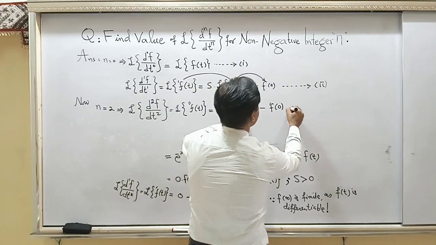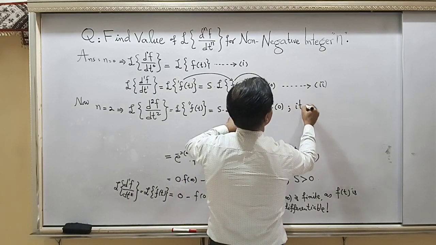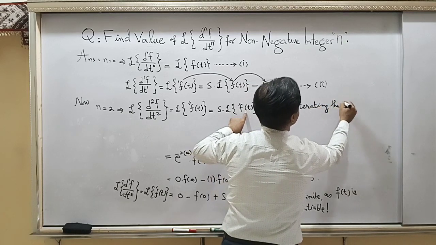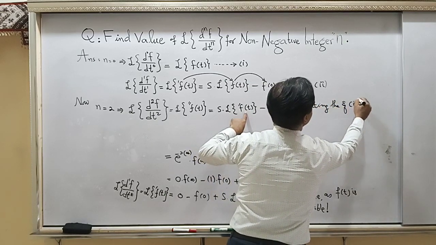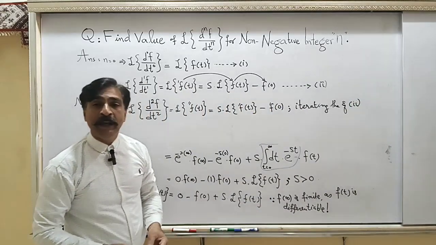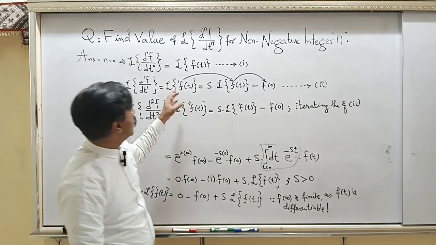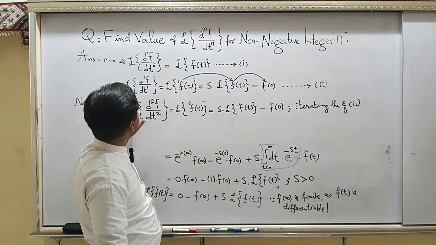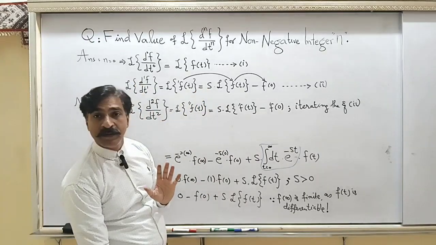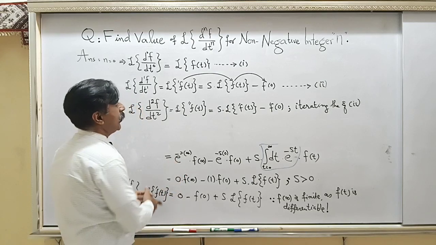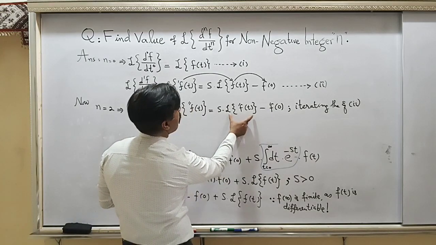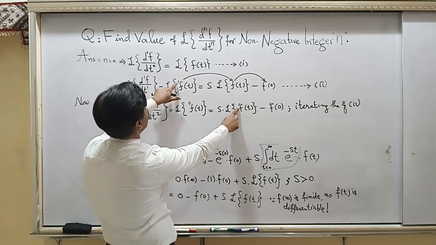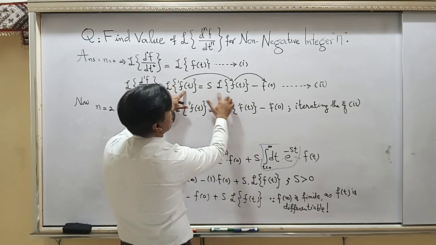So what you have done? Iteration, meaning iterating the equation 2. Meaning the procedure or rule defined by equation 2 has been used for writing the Laplace transform of the second derivative. Okay, now if you look at this, you have L f prime t, and here is L f prime t in equation number 2.